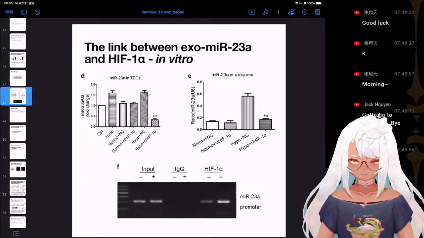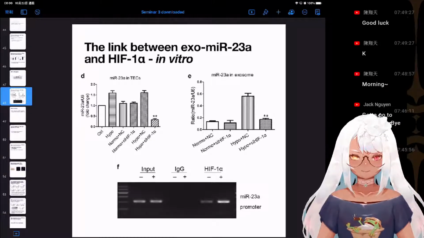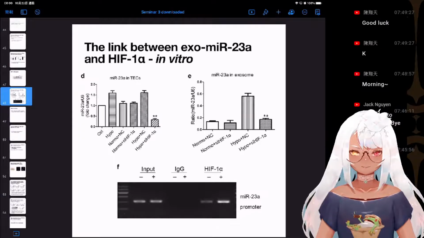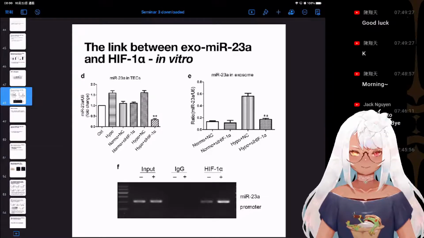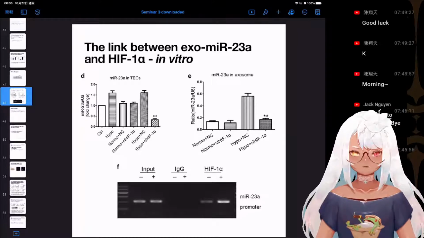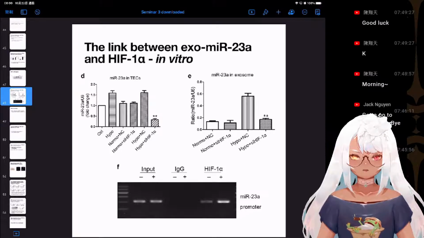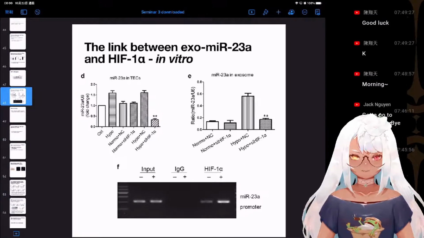However, in hypoxic condition, the knockdown of HIF1 alpha creates a very significant decrease.